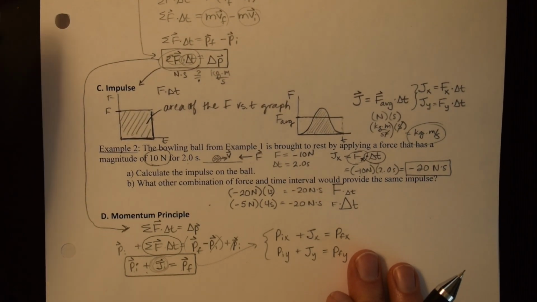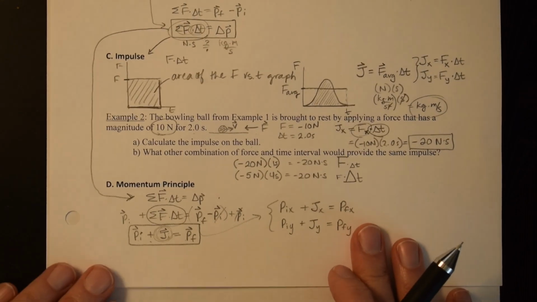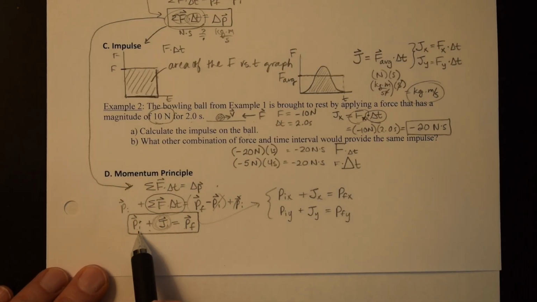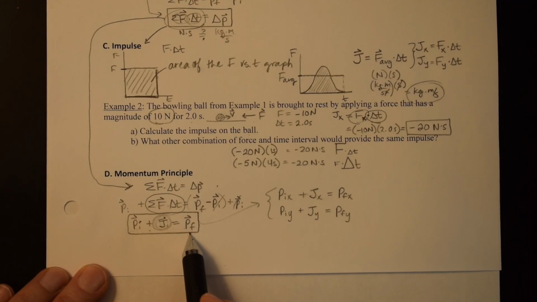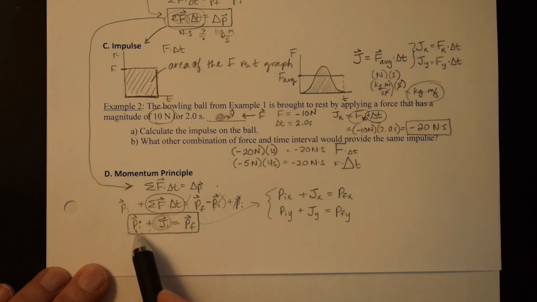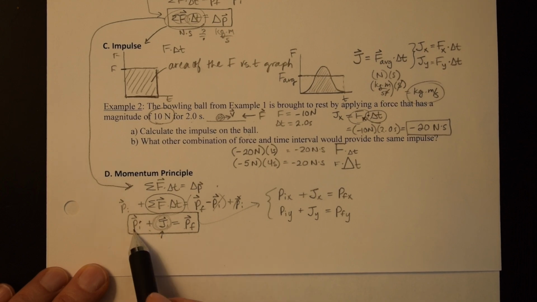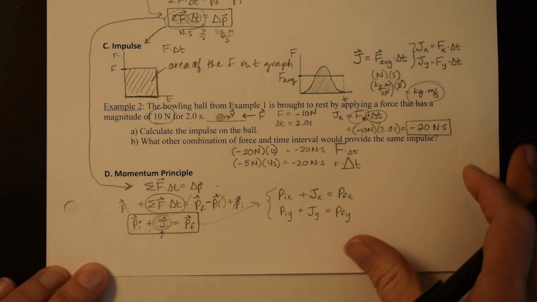We further rearranged this to find what we call the momentum principle: that the initial momentum of the system plus the impulse from the net external force on the system equals the final momentum of the system. We can see from this that if the impulse is zero, then the initial momentum will be equal to the final momentum.